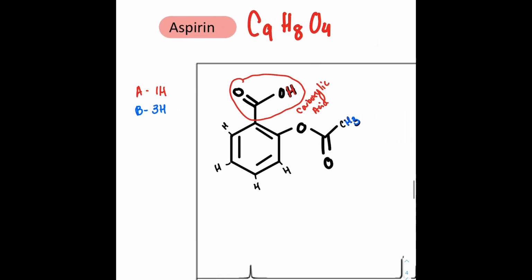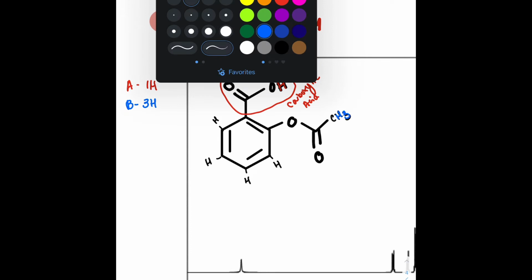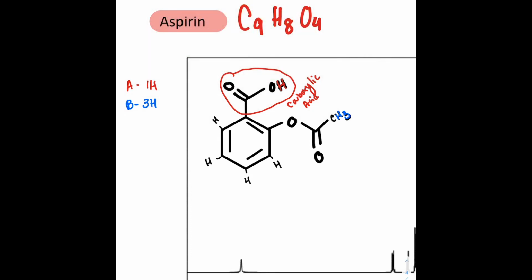And now we get to our hydrogens around our little benzene. So first we're going to see if any of these are equivalent, but what we should take note of is that this compound is not symmetrical, so we can't just split this and say that these are equivalent because the connections here are different. So each of these hydrogens is actually going to be its own group.